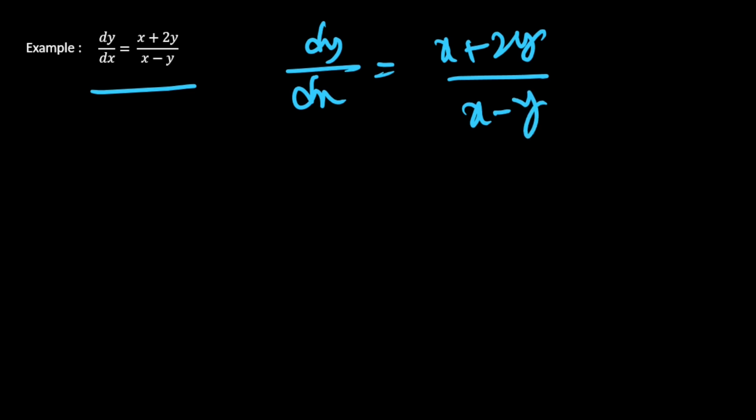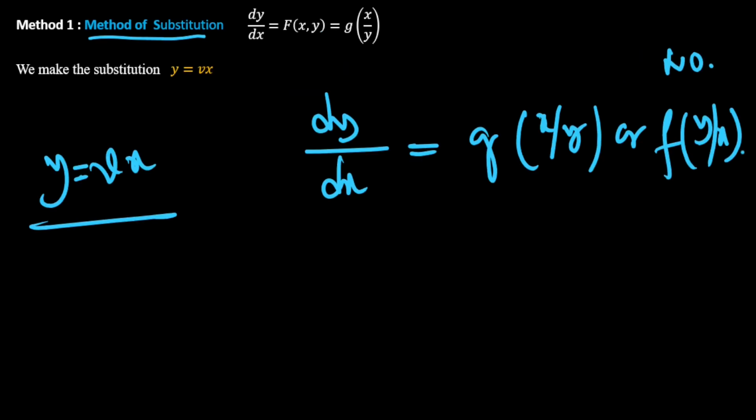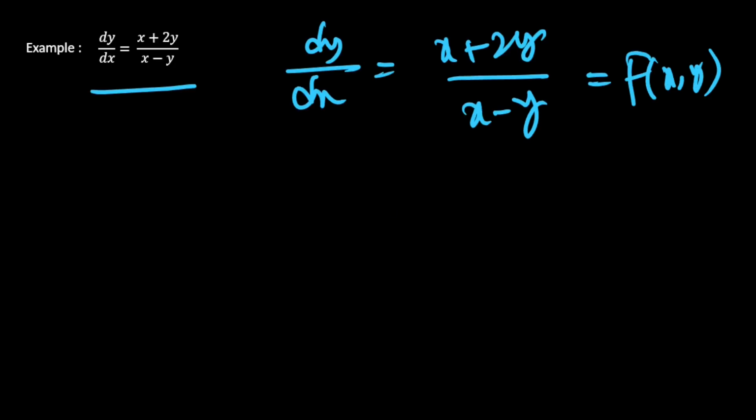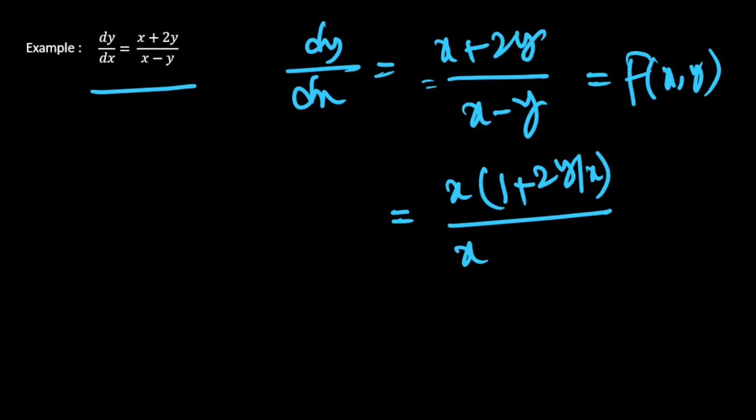Suppose the example is dy dx is equal to (x plus 2y) over (x minus y). The first thing is we check whether f of x comma y can be written as either a function of x by y or a function of y by x. Here, if we take x common in numerator and denominator both, then we get x into (1 plus 2 y by x) over x into (1 minus y over x).